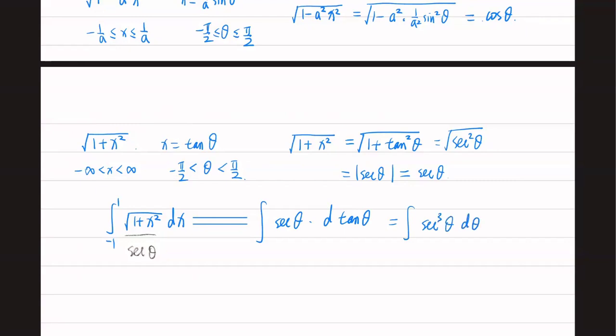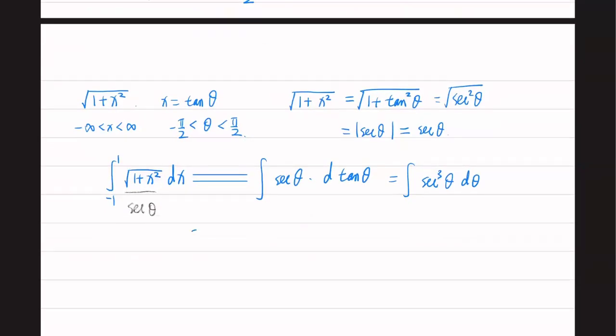Now we need to match the lower limit and upper limit of the integral. Previously, x changed from -1 to 1. What happened to theta?